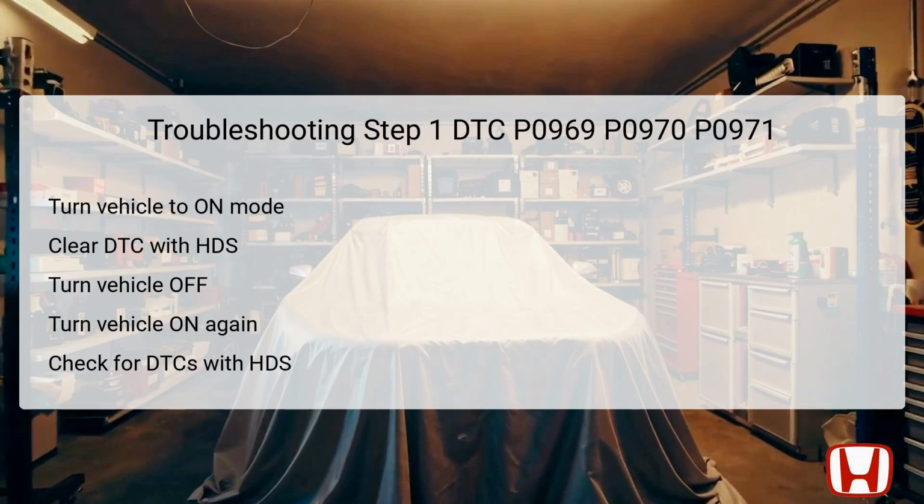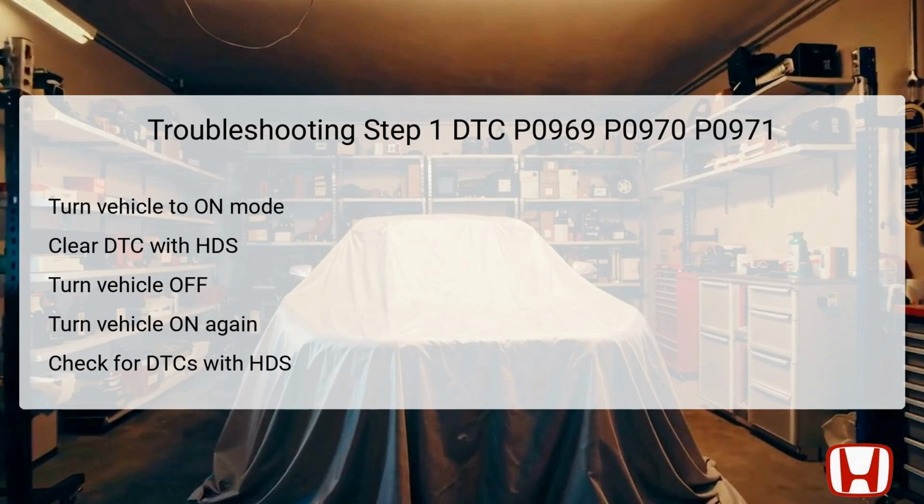Subsequently, the diagnostic interface with Honda's HDS, Honda Diagnostic System, is used to clear any existing DTCs. This process is crucial because it resets the system and provides a clean slate for monitoring for new codes.